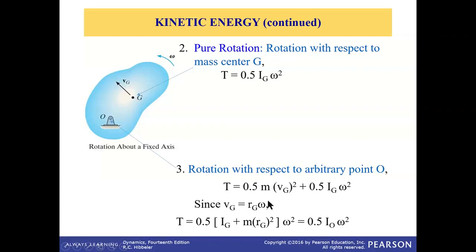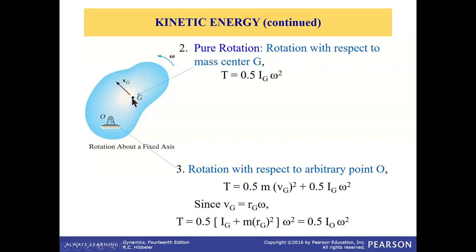So in this equation, if we substitute Vg equal to rg omega, and then simplify the equation, we will have a single term in kinetic energy, which is 1/2 Io omega square, where Io is the mass moment of inertia of the rigid body with respect to point O. So in a way, if I need to make a generalized statement for a rigid body in pure rotation, I would say that kinetic energy is always 1/2 I omega square, where I is the mass moment of inertia about the point of rotation.